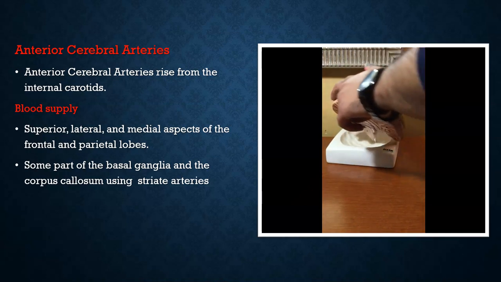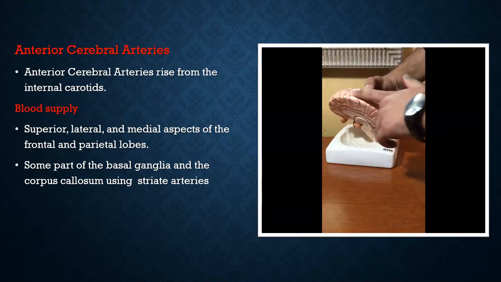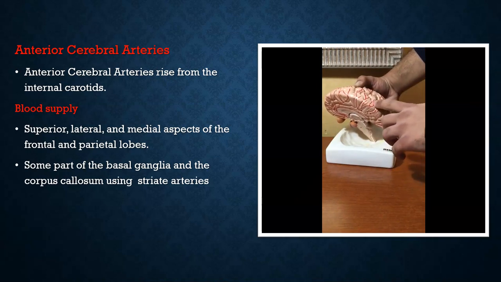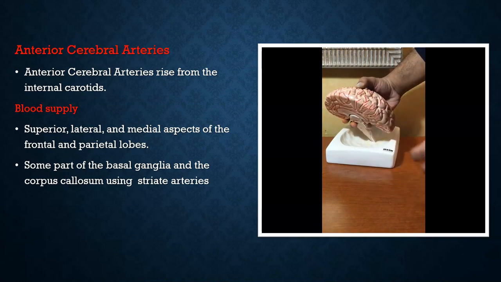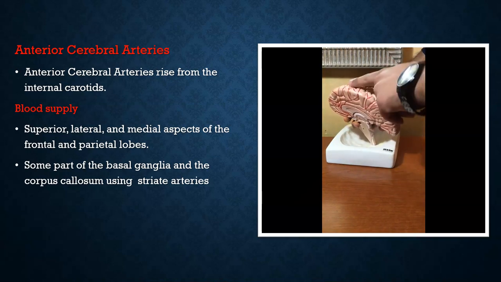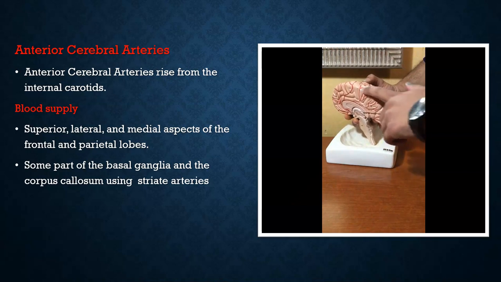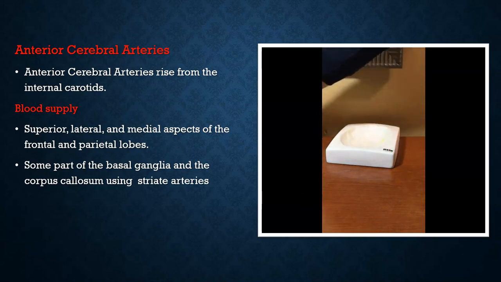It is very important to understand why this area matters, why there's ACA blood supply here and what its function is. So, the medial part and the superior part. I'll show you with color coordination.